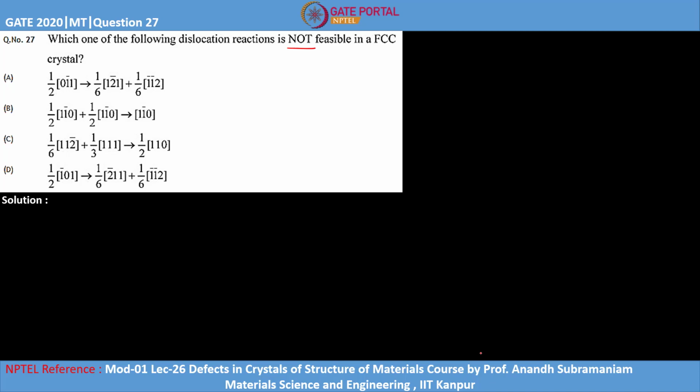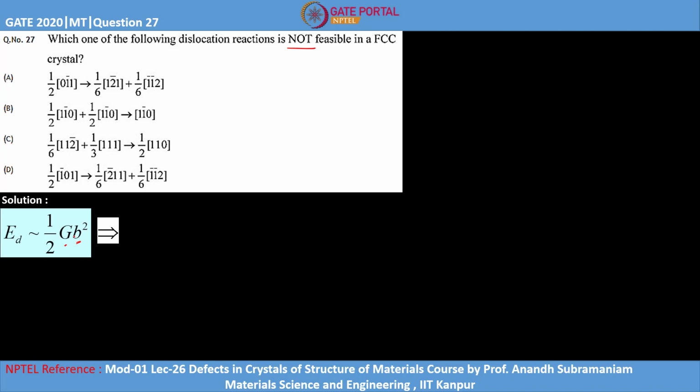Now, the energy of a dislocation, if you see, is given approximately by 1/2 G b squared, where b is our Burgers vector and G is the shear modulus. For a given dislocation, every dislocation wants to have as minimum energy as possible.